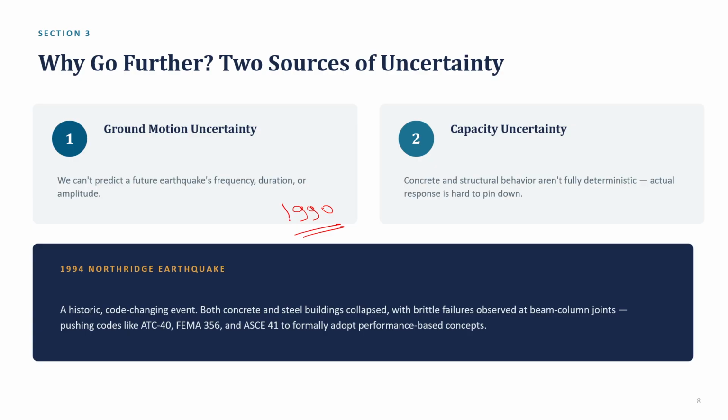But after the 1994 Northridge earthquake, a historic code changing event where both concrete and steel buildings collapsed with brittle failure observed at the beam column joint, this pushed codes like ATC 40, FEMA 356 and ASCE 41 to formally adopt performance based design.